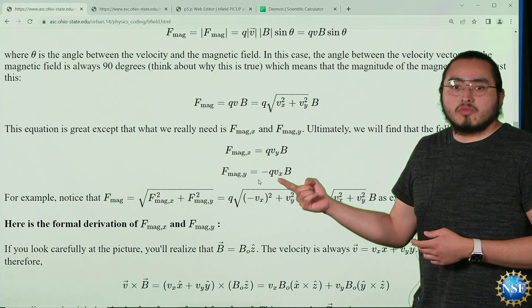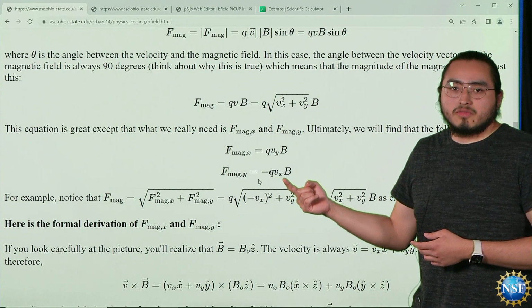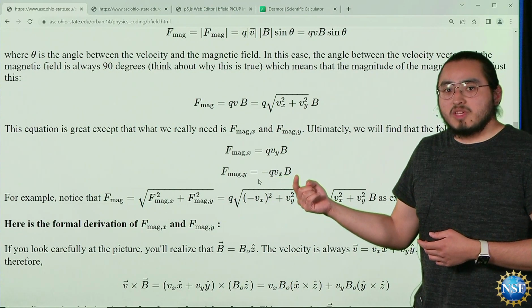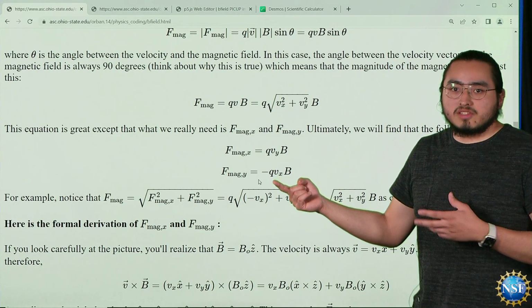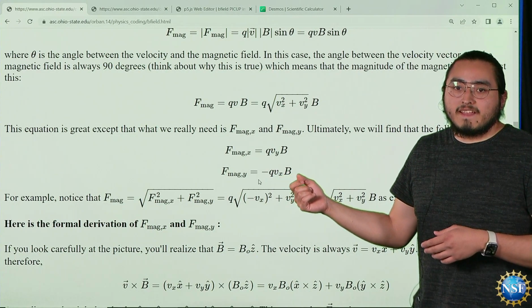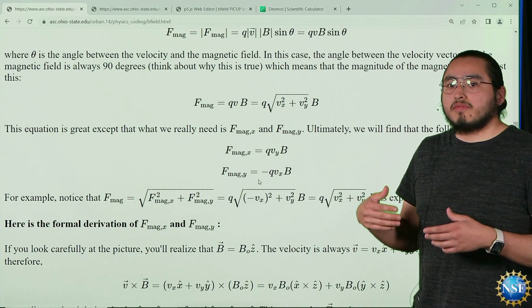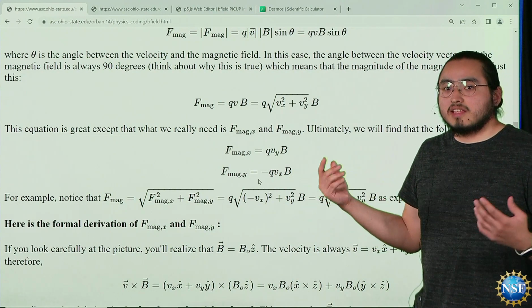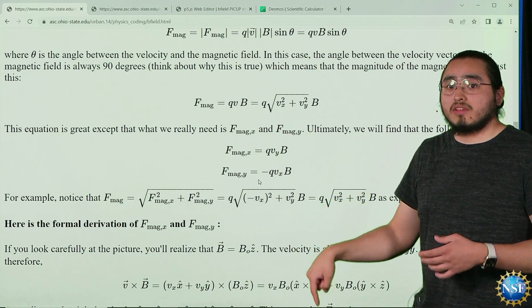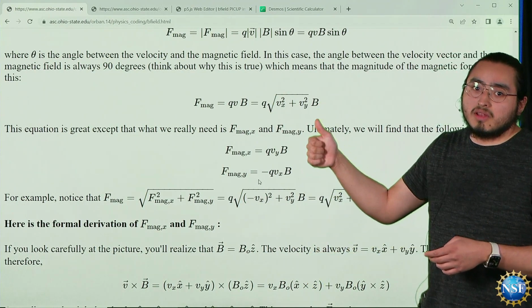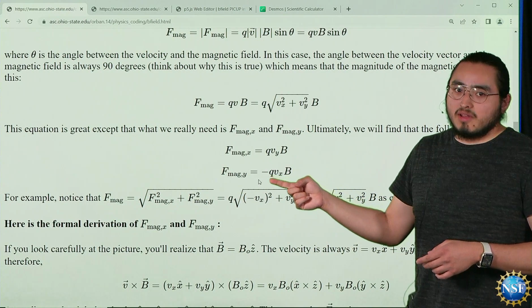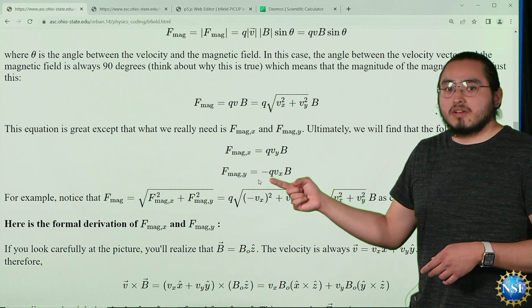Q is positive, Vx is positive, and B is negative. Ignoring the minus sign, it's just QVB, which would lead to a negative value at the end, saying the force in the y direction should be down. But we know due to the right hand rule it should be going up. Thus that's the reasoning behind why we need a minus sign here.